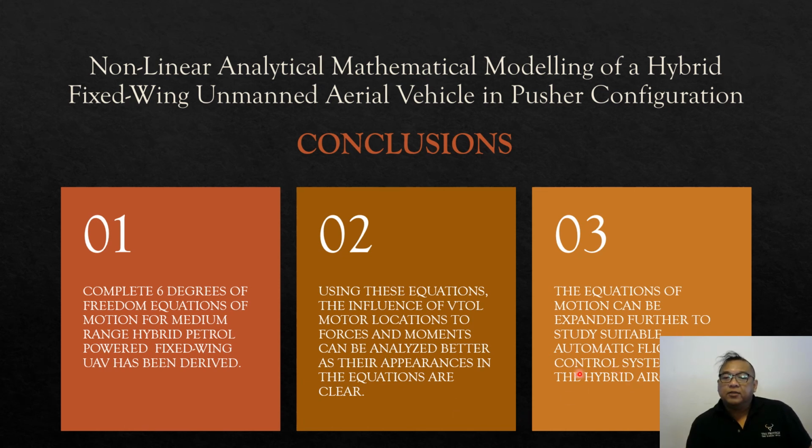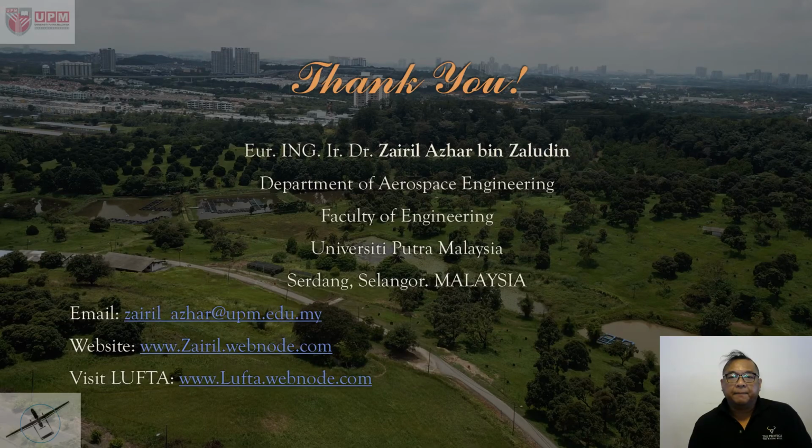So these equations will act as the platform for us to develop suitable automatic flight control systems and also to study the dynamic behavior of this particular aircraft when subjected to disturbances and control inputs. So those are the conclusions that we are making.